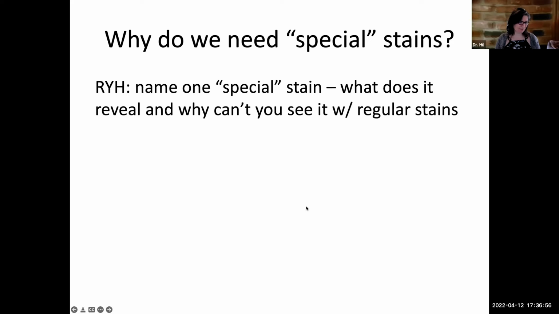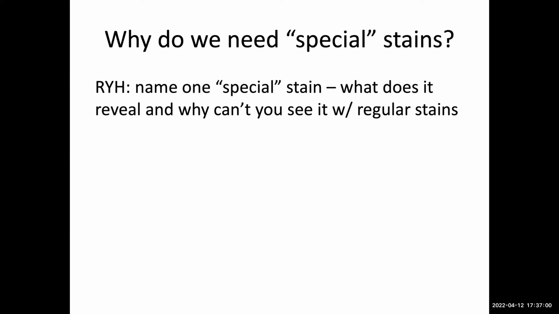Jenica, go ahead. Capsule stain. The capsule stain, yes. Tell me why we need a special procedure for the capsule. Okay, the common procedure darkens the background, so the capsule stands out as a clear area surrounding the cell. Yes. And why is that necessary? If you just did a simple stain, you wouldn't see the capsule.